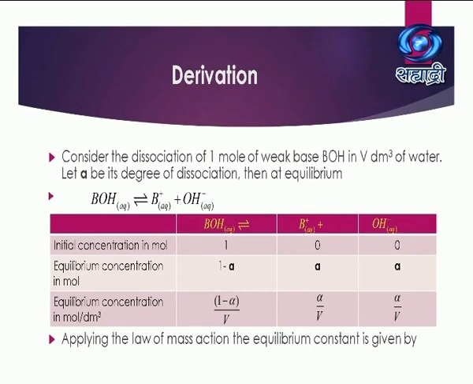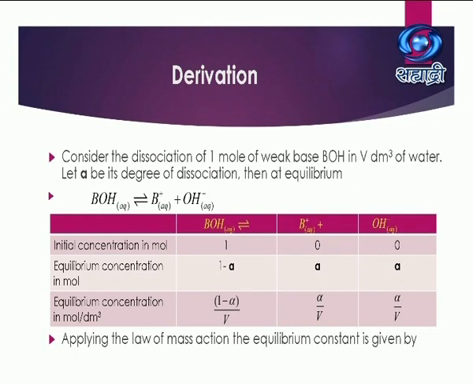So initial concentration in moles, 1 mole of BOH is taken. Initial concentration of ions is always 0. Alpha is the degree of dissociation. So equilibrium concentration in moles is 1 minus alpha for BOH, and for B plus and OH minus ions the equilibrium concentrations are alpha moles and alpha moles.